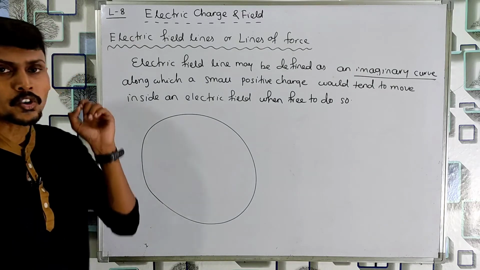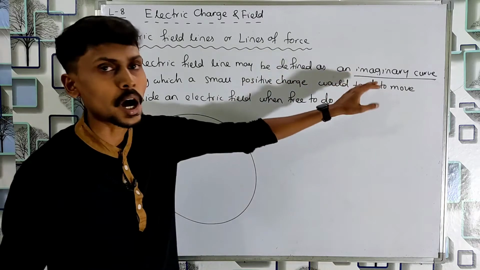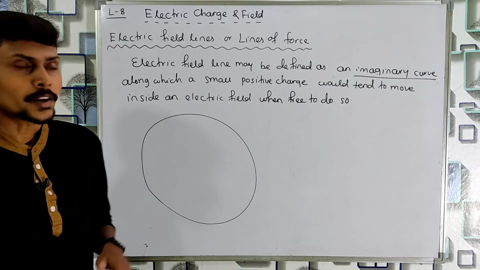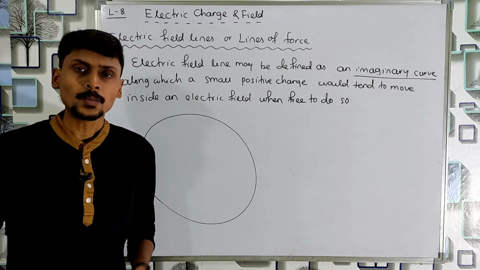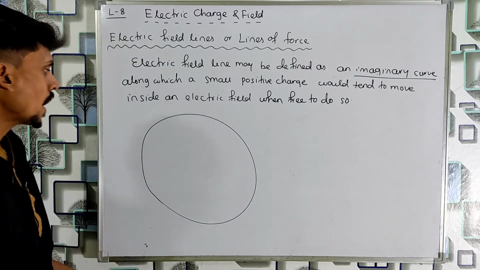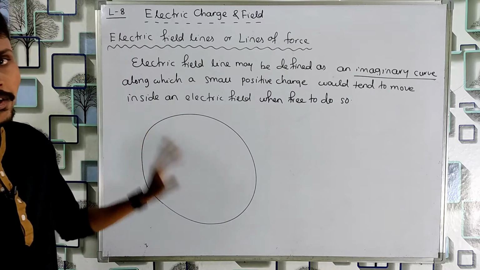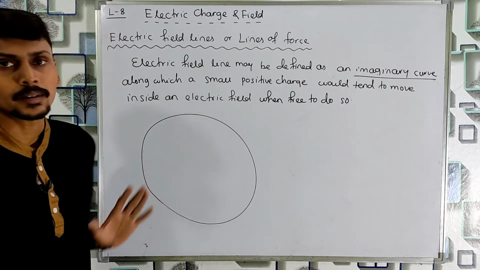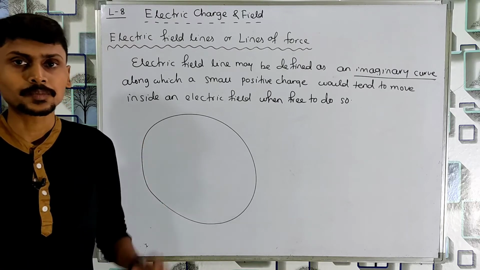Then how do we draw the imaginary curves, or how do we draw the electric field line? To draw the electric field line, you have to do one thing: bring a small positive charge, keep it inside the electric field and release it.